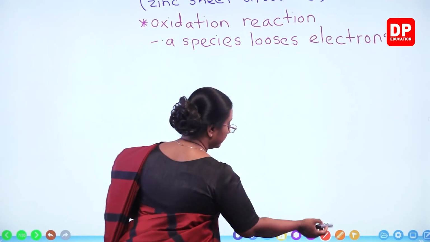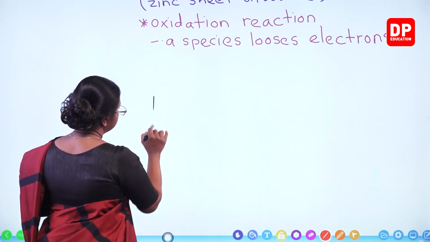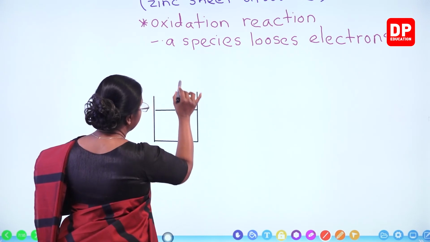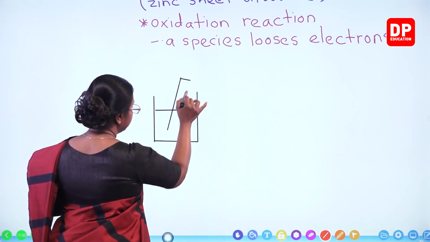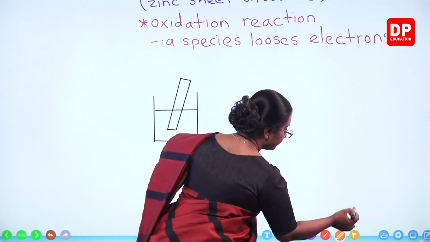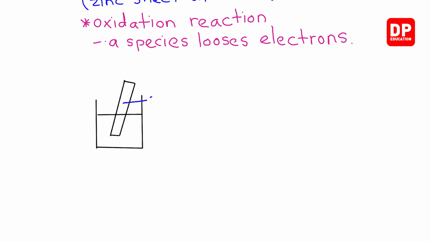Now if you take the system, this is the beaker containing the acid and the zinc metal. Now in this, zinc is losing electrons, and when zinc loses electrons, it will go into solution as zinc 2 plus.